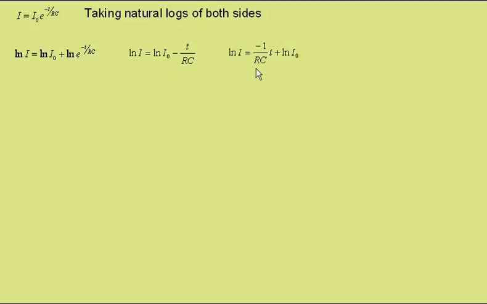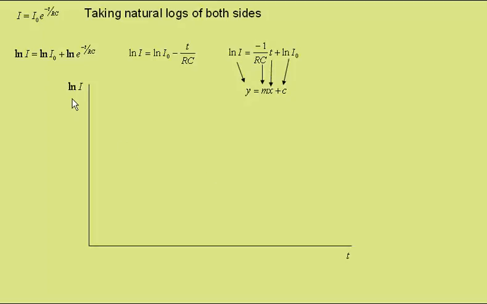Rearranging to this format, we now have a variable is equal to a constant times a variable plus another variable. This is in the form y equals mx plus c. So if we plot a graph of the natural log of I against time, we should get a straight line of gradient minus 1 over RC and y-intercept of the natural log of our starting current.